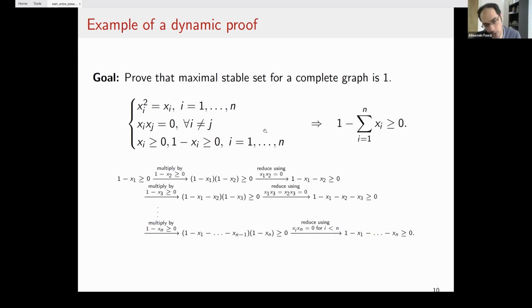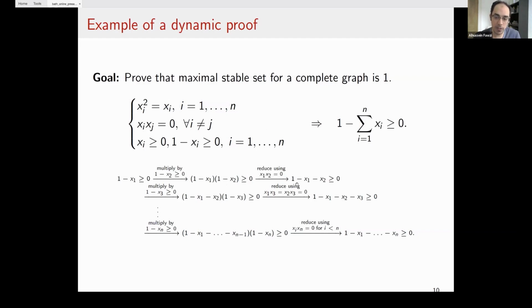So how do we go about doing this? We start with this inequality, which tells us just that x1 is less than 1. We know that all xi's are between 0 and 1, so that's something we know already. Then we're going to multiply this first inequality with 1 minus x2, which is one of our GIs, which we're going to reduce using xi xj equal to 0.